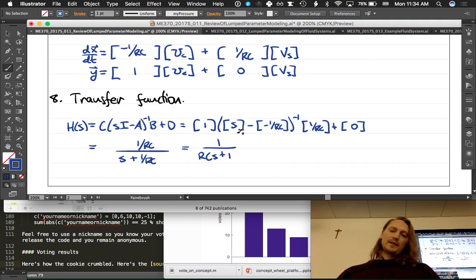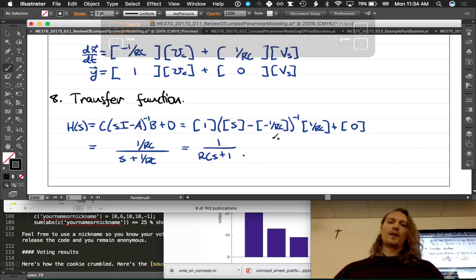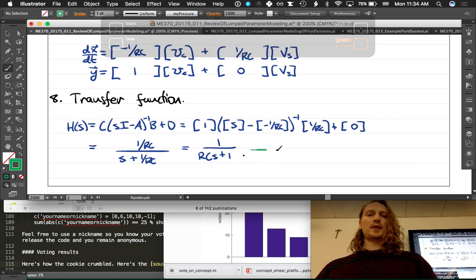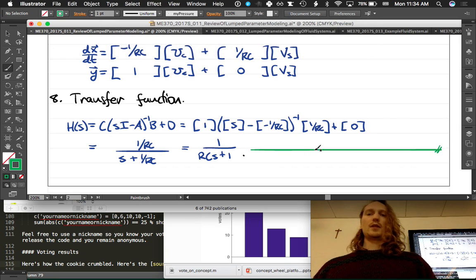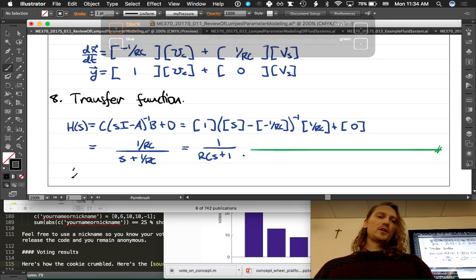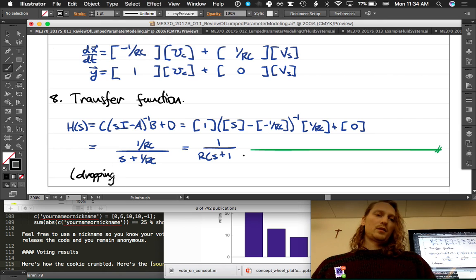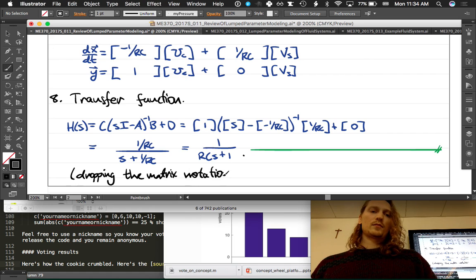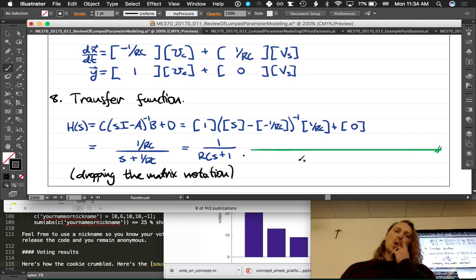And that is our answer for our transfer function. Now notice, I should write a note here: dropping the matrix notation. That's what we get. Okay, any questions on that example?